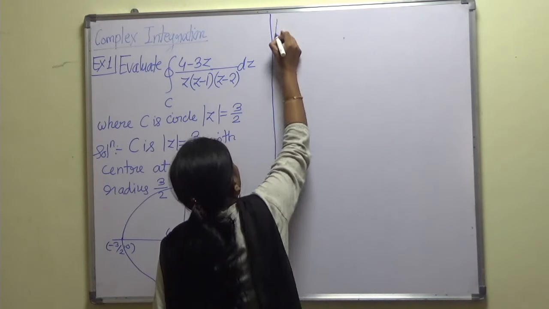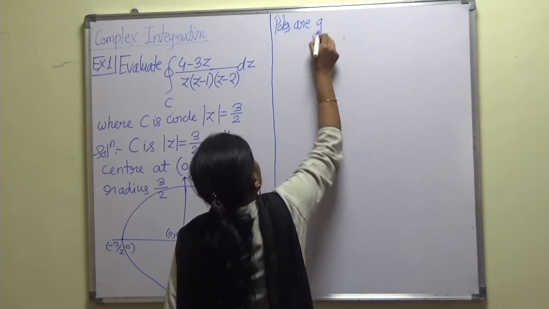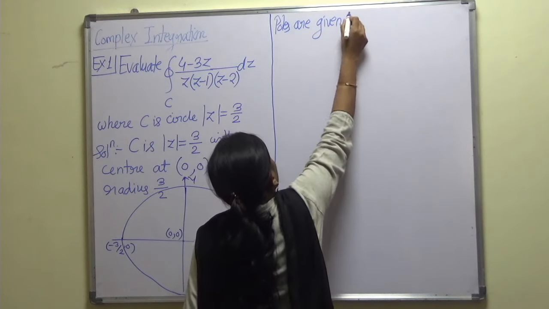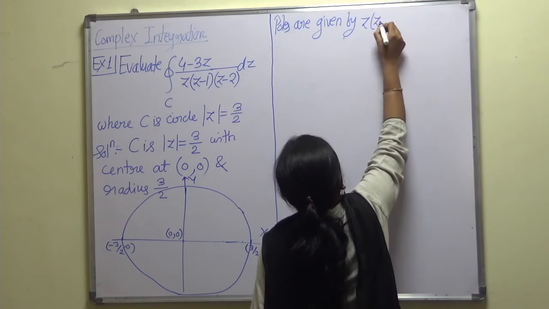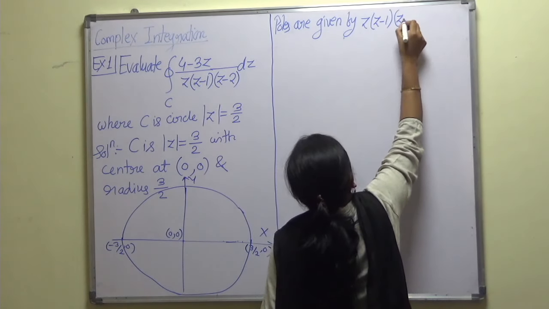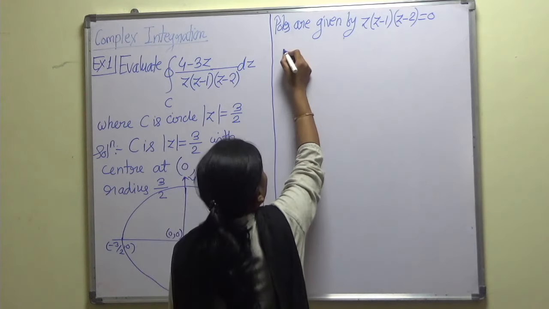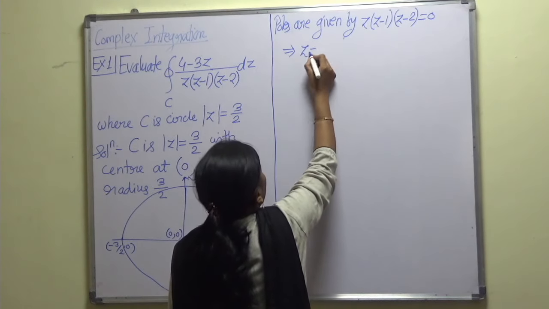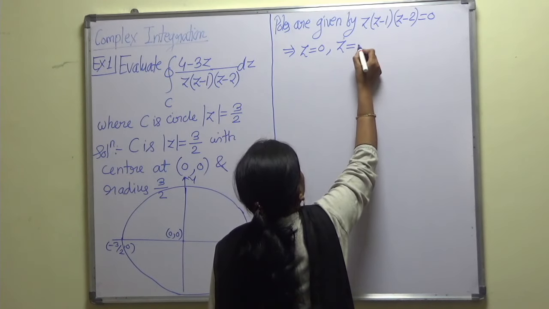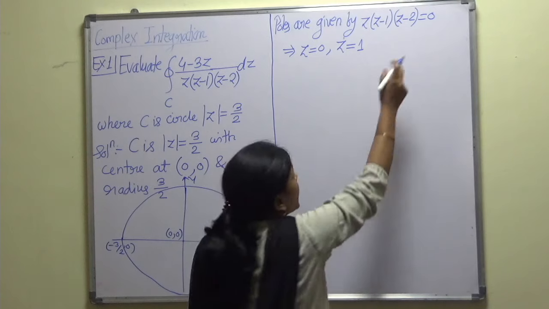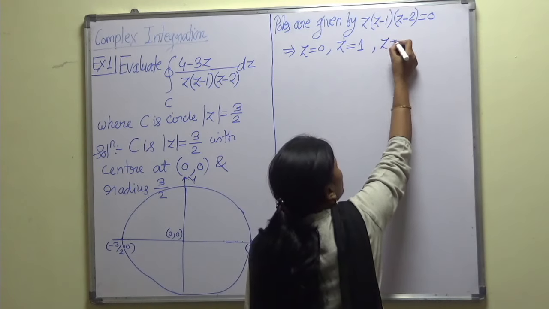So the poles are given by z into z minus 1 into z minus 2 equal to 0. Simplifying, we get z equal to 0, then z minus 1 equal to 0 gives z equal to 1, and z minus 2 equal to 0 gives z equal to 2.